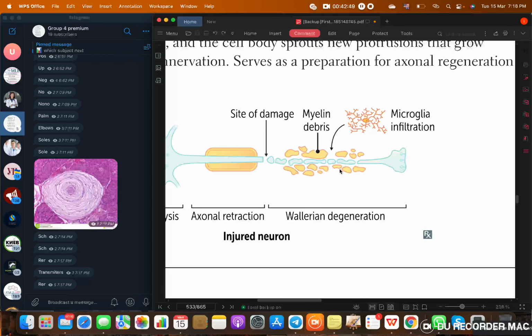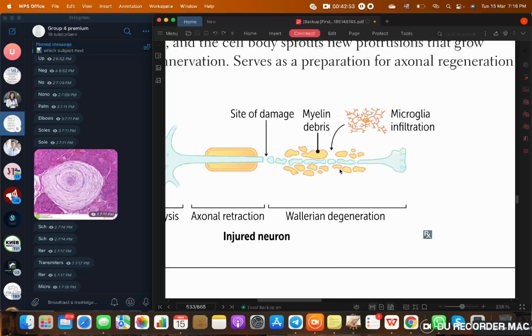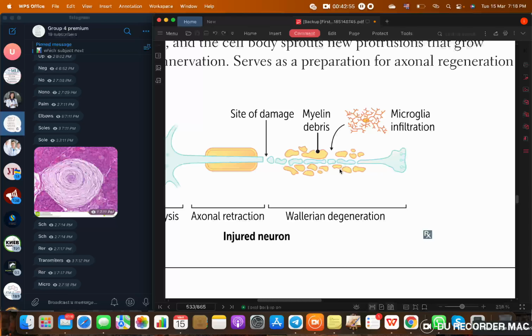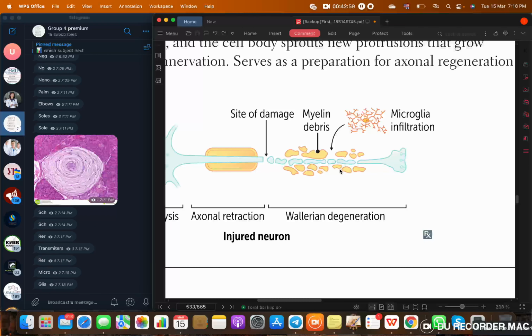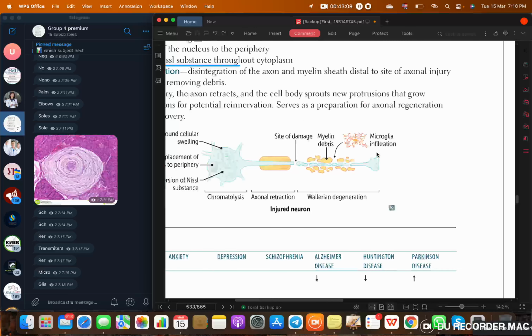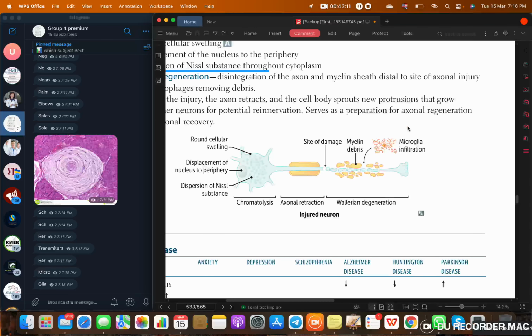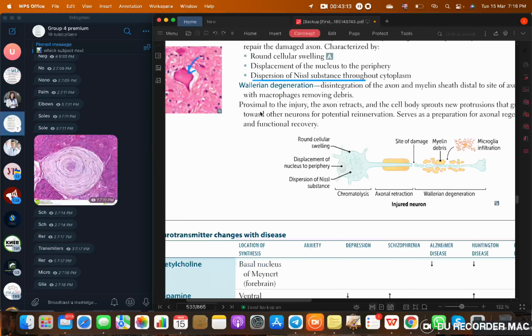Who is the macrophage in the CNS? Microglia cells. Okay. So it's going to eat up whatever debris is left.